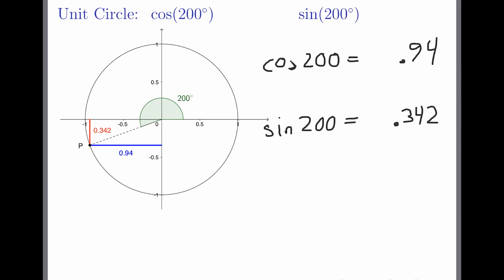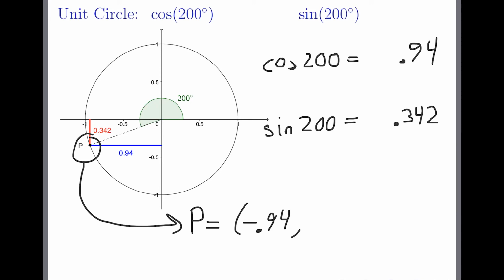But if we think about the coordinates of point P, it kind of gives away what's really happening. The coordinates are actually an x value of negative 0.94 and a y value of negative 0.342.